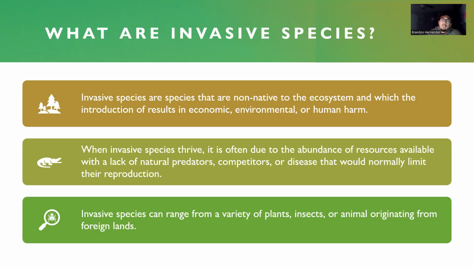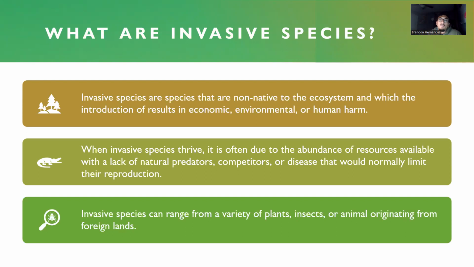Environmental harm can be harm to the species already native to that land, or damage to the environment itself. And also human harm, which means they can cause direct harm to people.